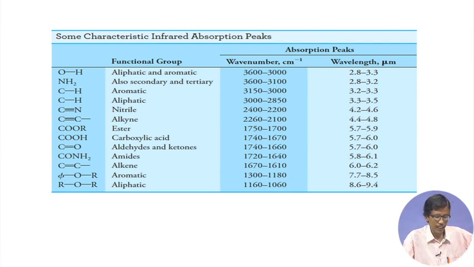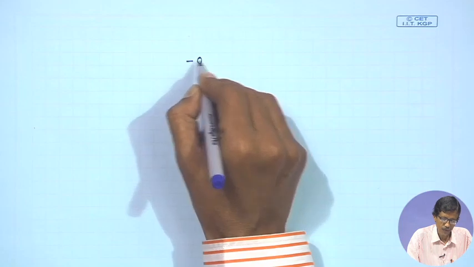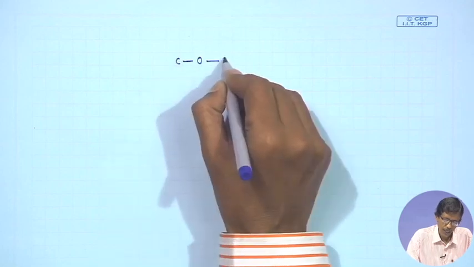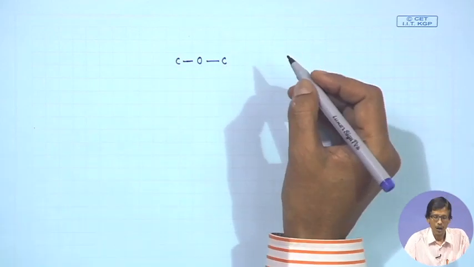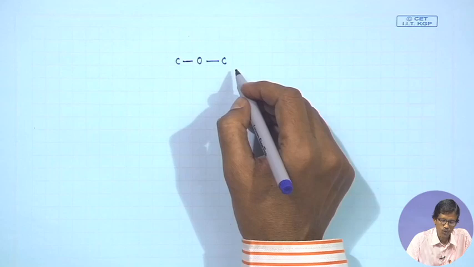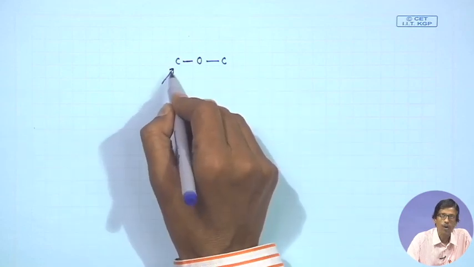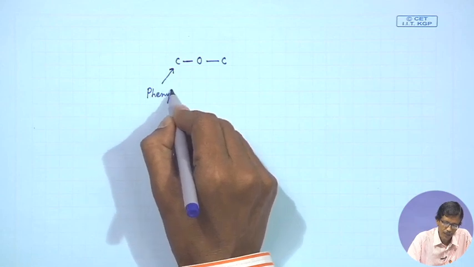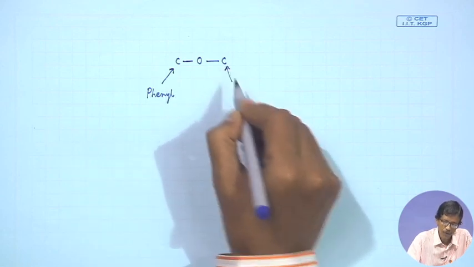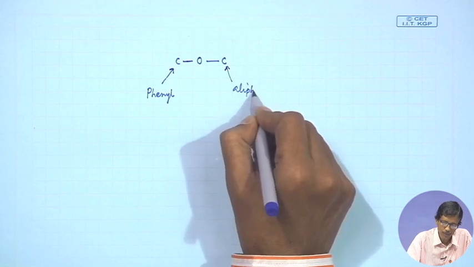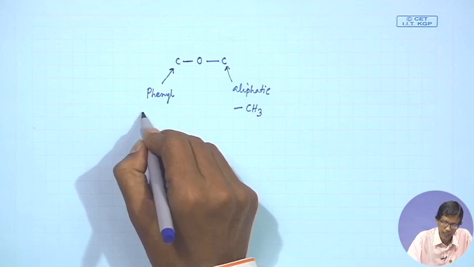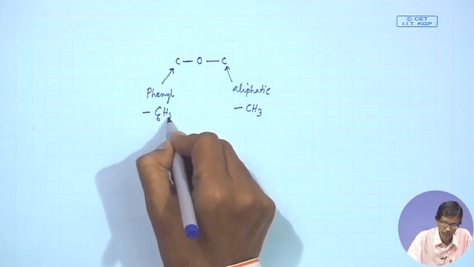So, this identification of these ethers is very characteristic for the function where we have carbon attached to oxygen from these two sides. This carbon can be from your phenyl group, that means the aromatic function, or from an aliphatic one, that means this can be your CH3, this can be your phenyl function.